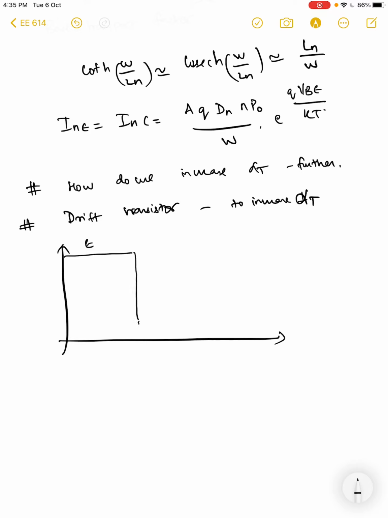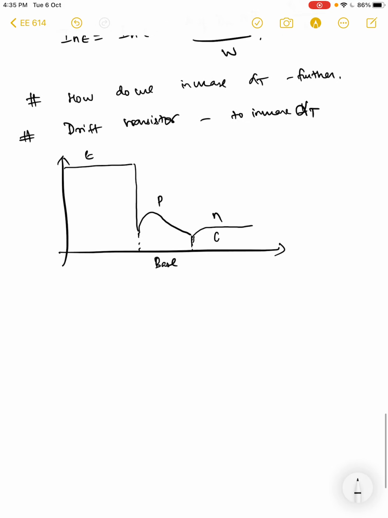The base doping, which was constant before, is given by this gradual doping profile, right? And your N region is like this. So this is base, you have the collector, and you have the emitter.